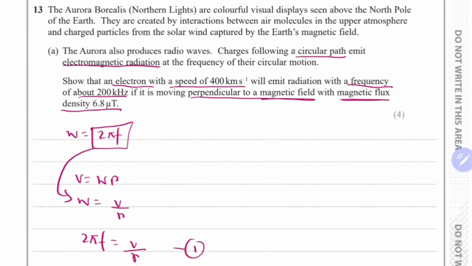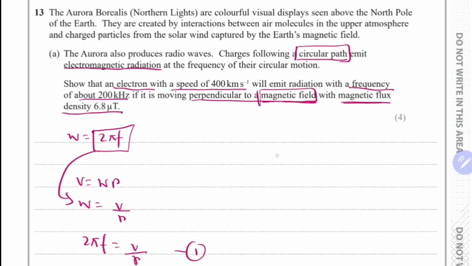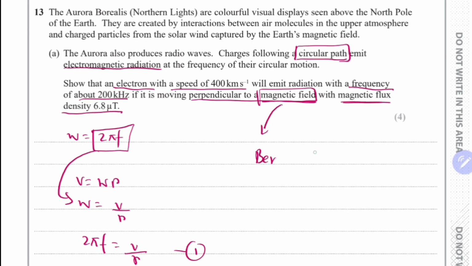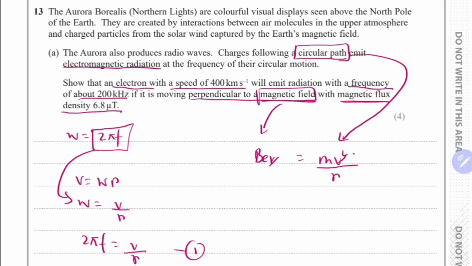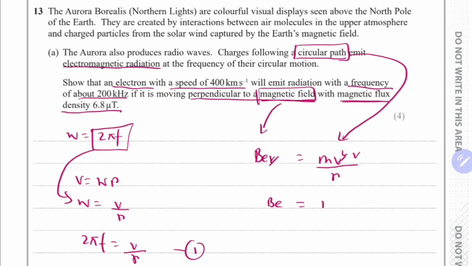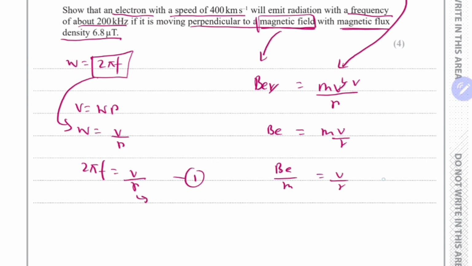So another equation can be circular path equals magnetic field, as they are both related to each other. So for magnetic force, we're going to write BEv, and for circular path, we're going to write mv squared by r. These two get cut and we get 1 v here. So BE equals mv by r, BE by m equals v by r.